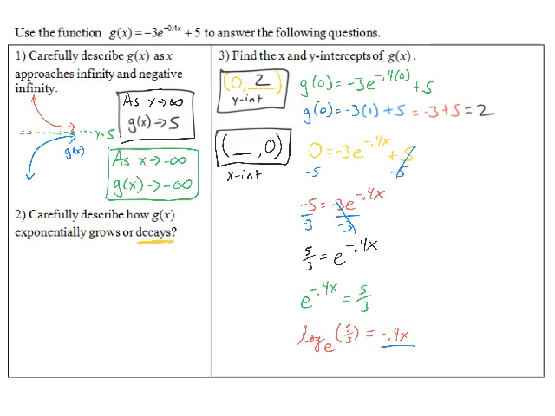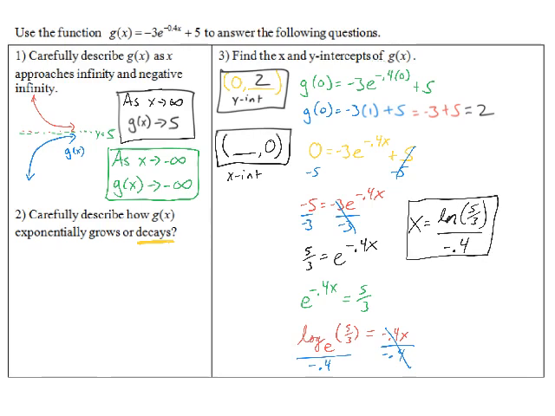Next step, we divide by -0.4, and that is my answer. So x is equal to ln, because log base e is ln, of 5/3 over -0.4. That is my answer if I did not have a calculator. That is my x-intercept. But if I find the value of x in a calculator, x would be approximately -1.3. So I'd put -1.3 as my x-intercept if I had a calculator.